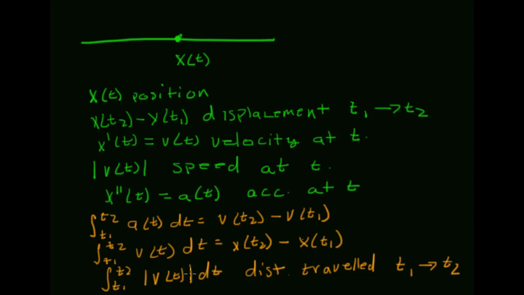So this is probably going to get broken into multiple integrals depending on the sign of the velocity at different intervals between t1 and t2. So really all we're doing here is we're taking this initial idea and amending it so that we can throw in the fundamental theorem of calculus pieces and then work out how to deal with total distance traveled and not just displacement.